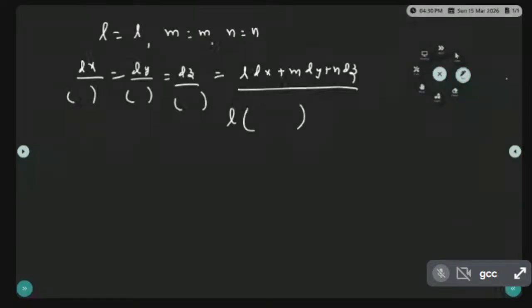What is P? Plus n ly minus mx. Self multipliers.